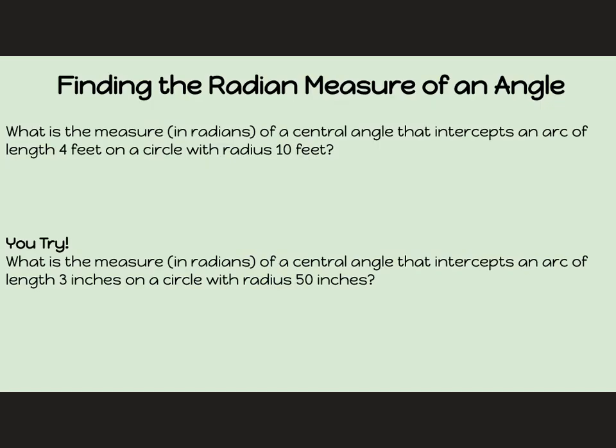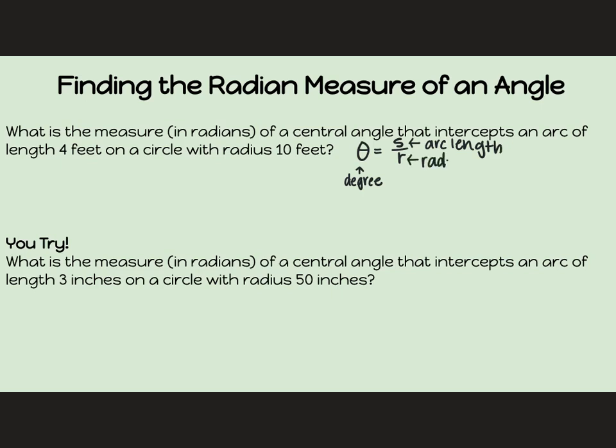Finding the radian measure of an angle. It says, what is the measure in radians of a central angle that intercepts an arc of length 4 feet on a circle with radius 10 feet? Again, that formula we were looking at was theta equals S over R. So this was the angle in radians, this was the arc length, and this was the radius.